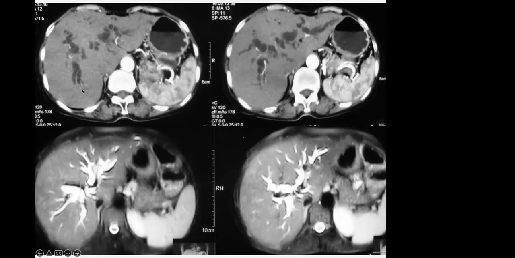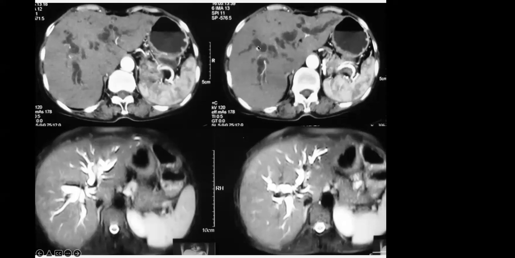So this is the liver, and the liver has some parallel areas of hypodensity. Here are the hypodense areas. In this particular scan also you can see hypodense areas, and there are a few bright or hyperdense, that means white areas. Some white areas are there, some black areas are there.